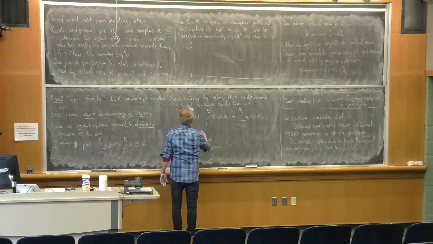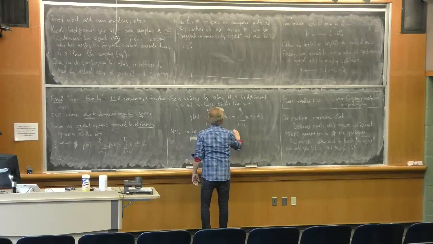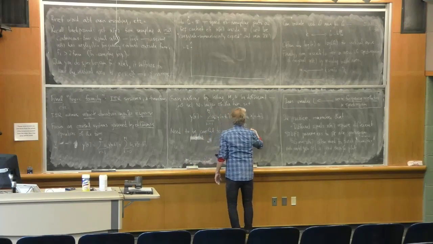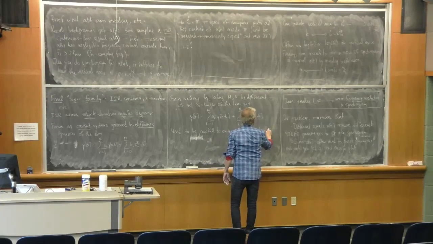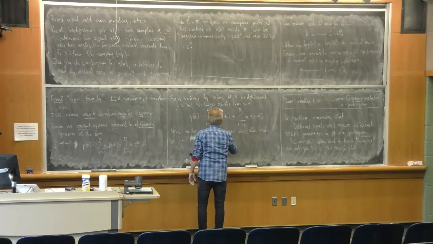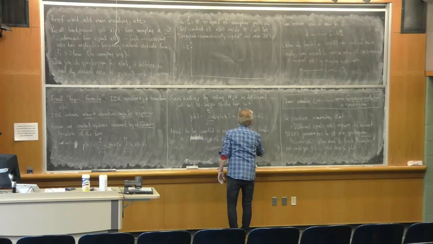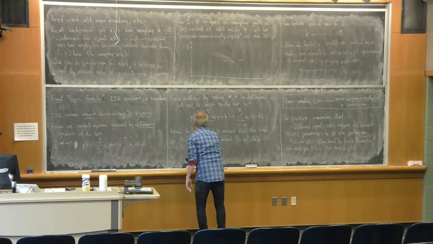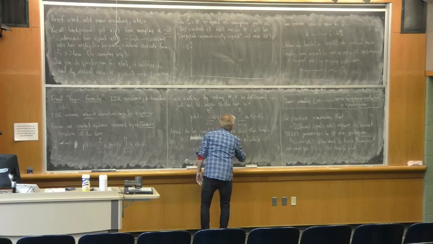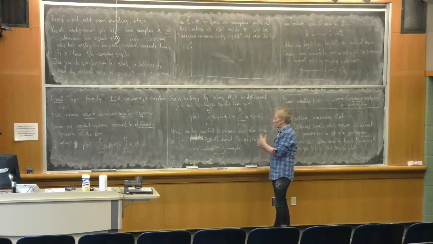So in other words, a box that takes signals x of n and gives you outputs y of n. So you need to have a situation where x of n determines y of n by means of the system.